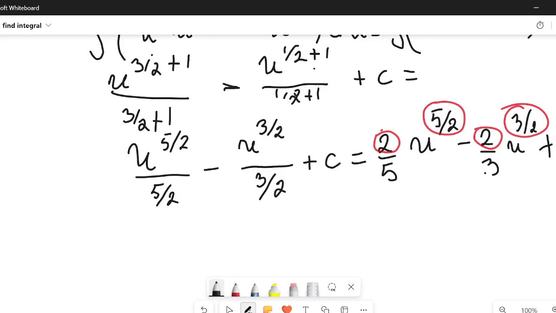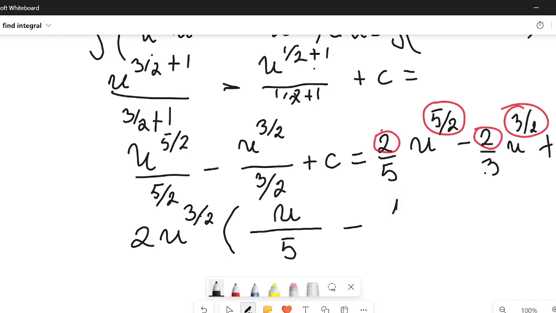So what I can do here, I can factorize 2 u to the power 3 over 2, and what I'm going to have inside is u over 5, because 1 plus 3 over 2 is 5 over 2, minus 1 over 3, because I factorized 2, plus c.